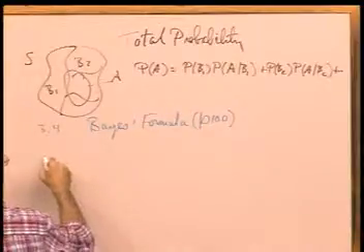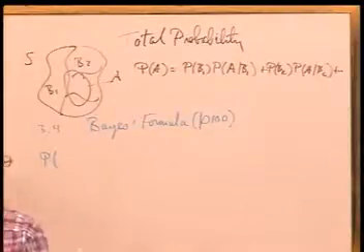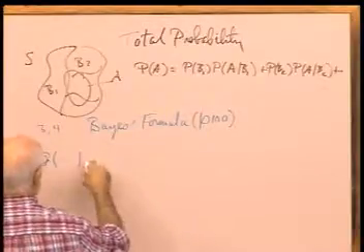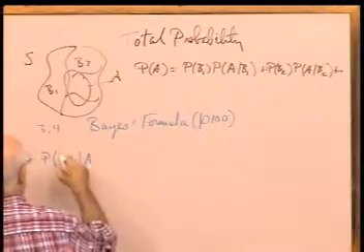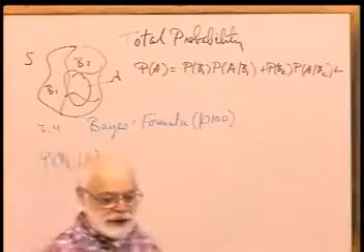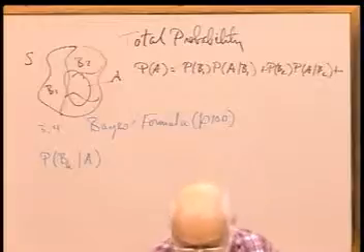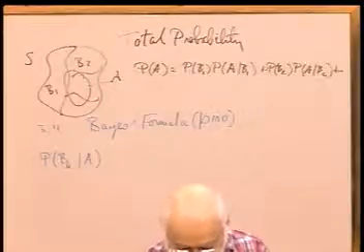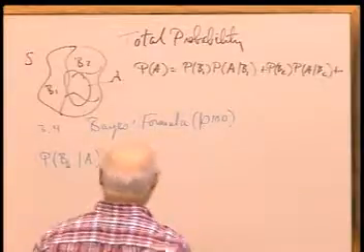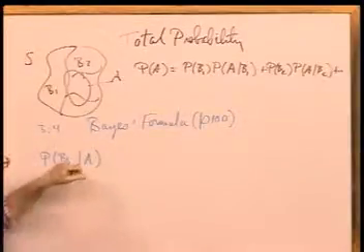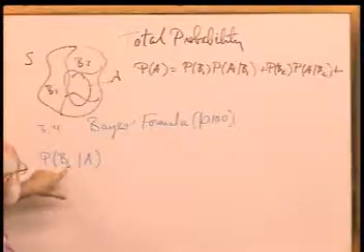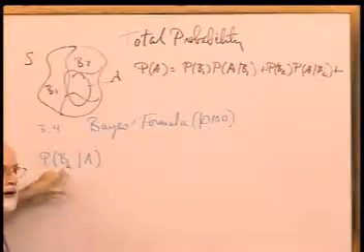What I want to calculate is the probability that, given that A has occurred, a particular B, I think he calls it the kth one, has occurred. Let me make sure I'm using the same notation. So I'm on page 100. If I know that A has occurred, what's the probability that the particular B that has occurred is the kth one?